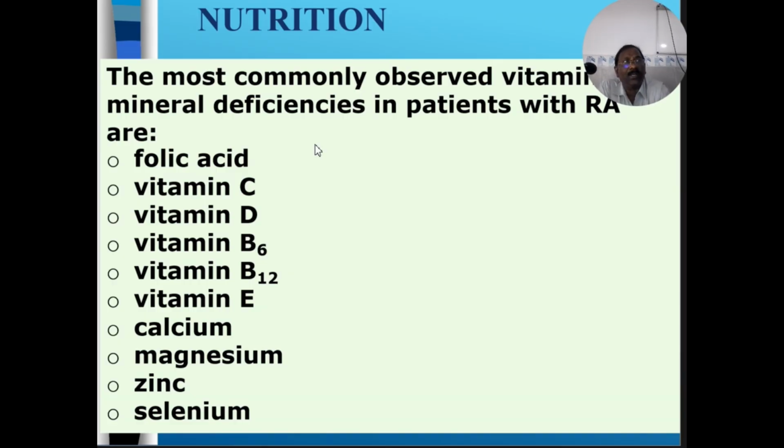Not only for rheumatoid arthritis, for any chronic disease, folic acid is very good, vitamin C is good, lemon, etc. Vitamin D is also very good. Nowadays 80% of our Indians are vitamin D deficient or insufficient. Vitamin B6 and B12 are very much reduced, especially in chronic metformin therapy and also in chronic alcoholics. Vitamin E deficiency, calcium deficiency, magnesium, zinc, selenium.